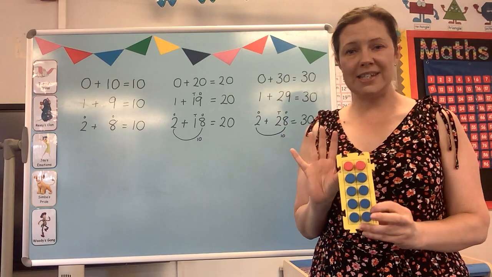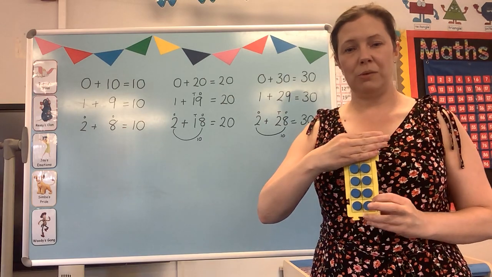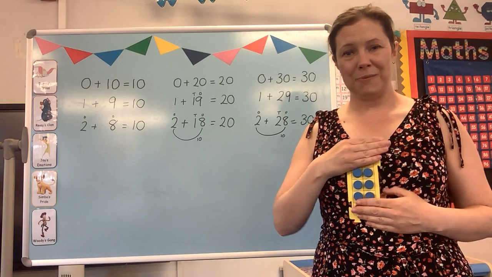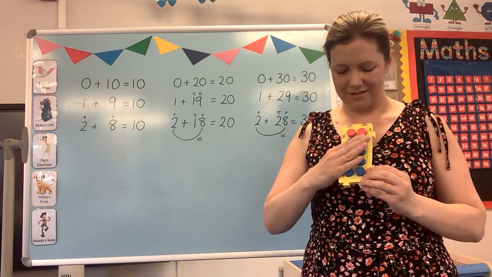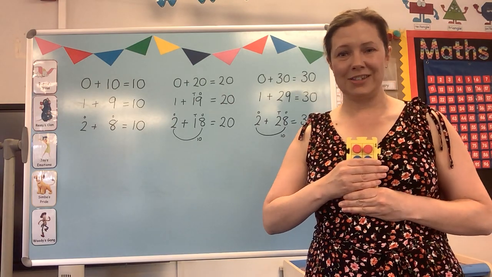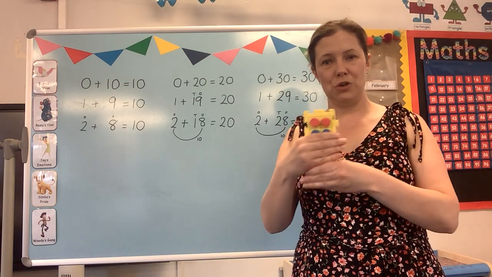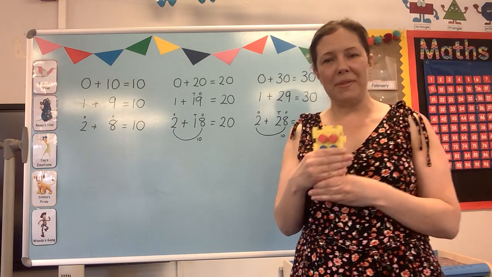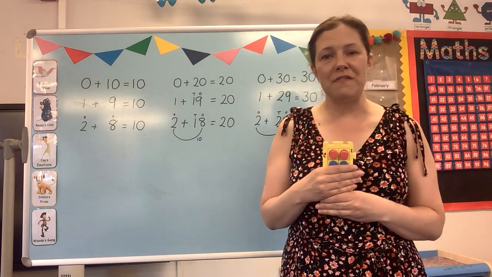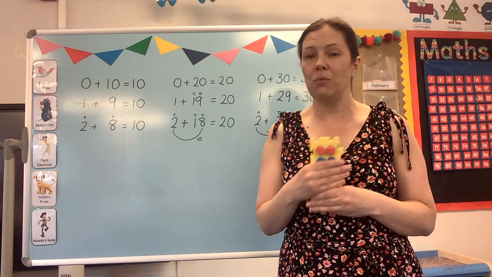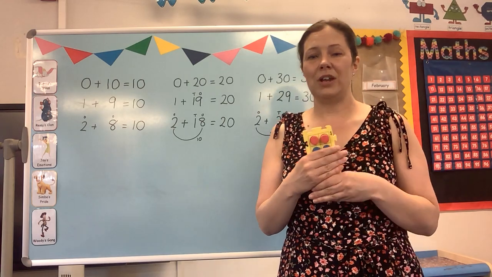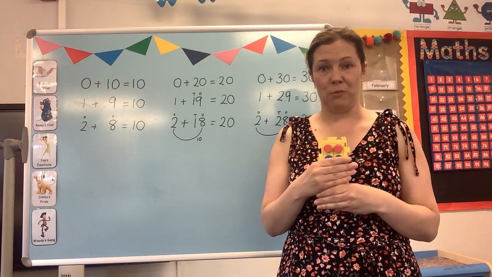So the whole is 10, take away the 2 part, leaves me with the 8 part. I've got my 10, I take away the 8 part, and it leaves me with the 2 part. Okay, remember that. Remember that these number facts are made up of 2 parts, and if you take one of those parts away, you're left with the other part, and that will help you.